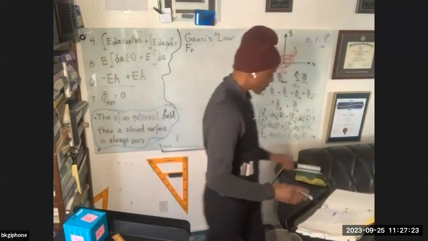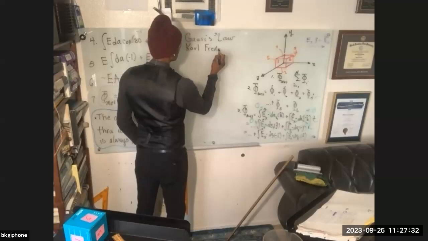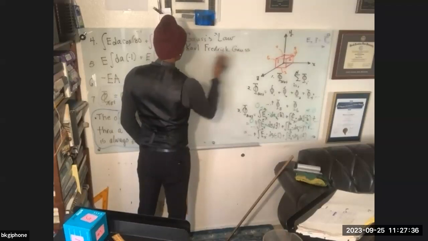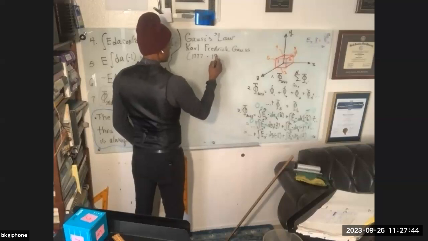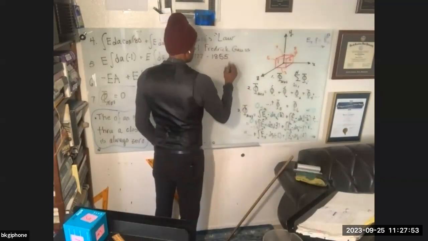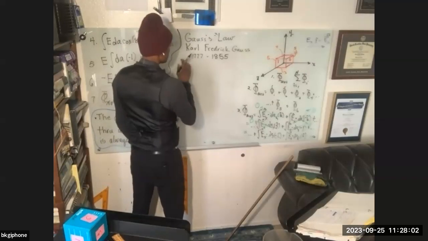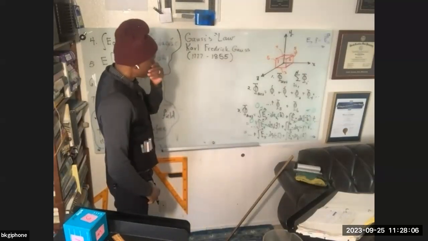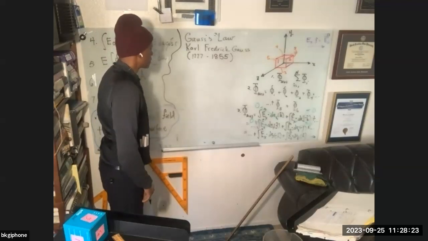Carl Frederick Gauss, maybe that's it. I think he was Swiss. 1777 to 1855, so he had a pretty good life, into his 70s. What is that? 55 plus 23, so 78.